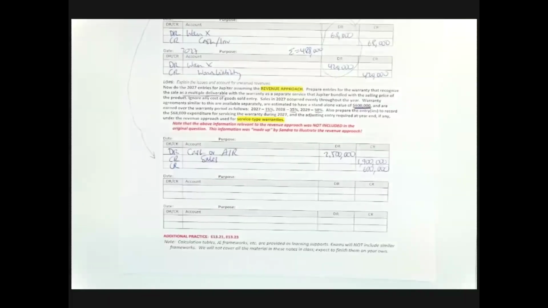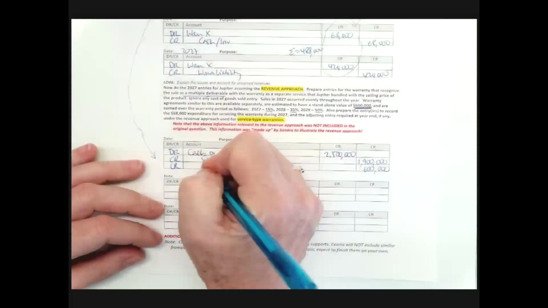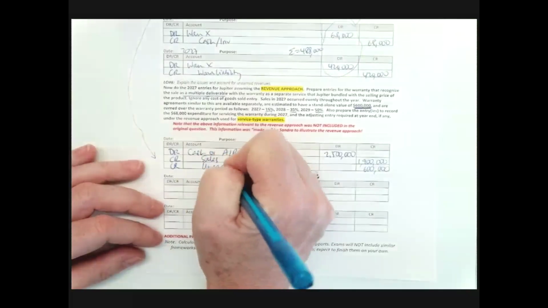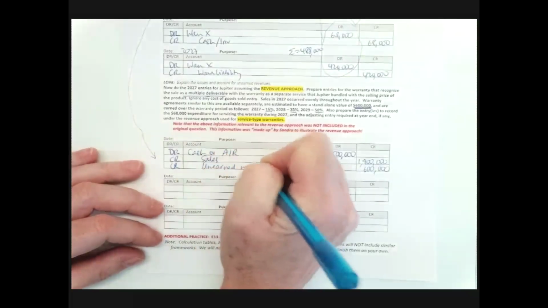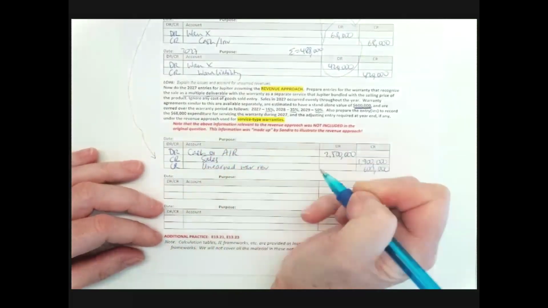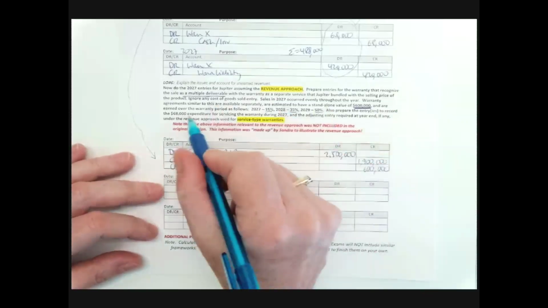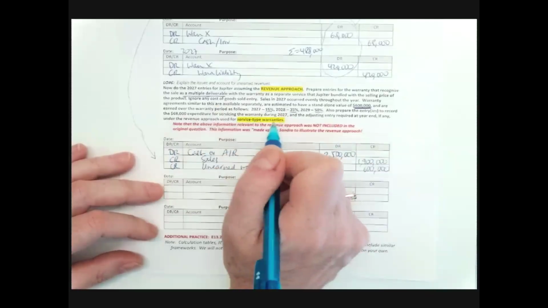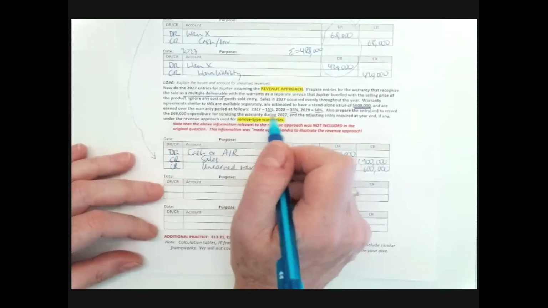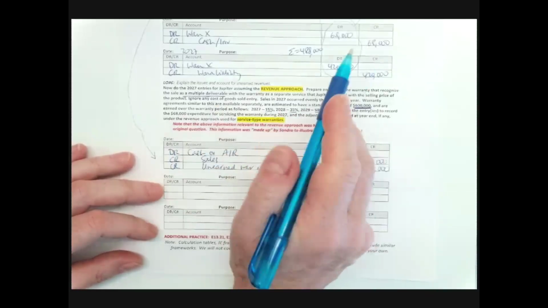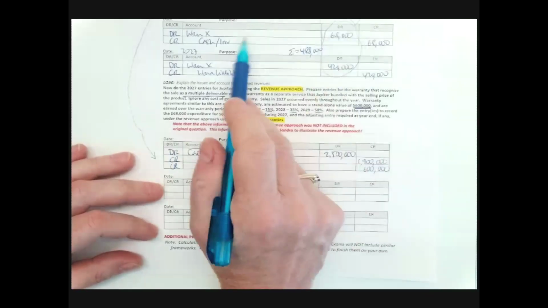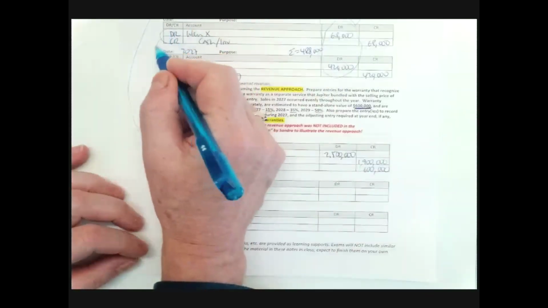So we're going to set up unearned warranty revenue. Then during 2027, the sales were happening through the year and we had warranty problems. So we're going to do this entry.